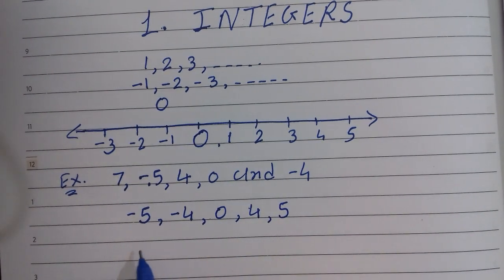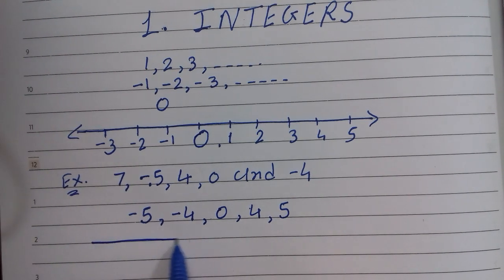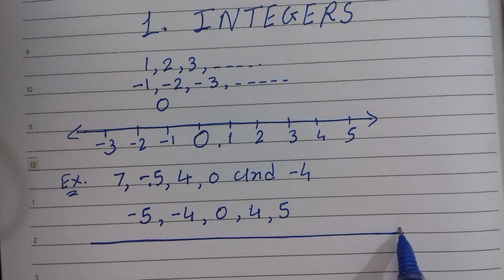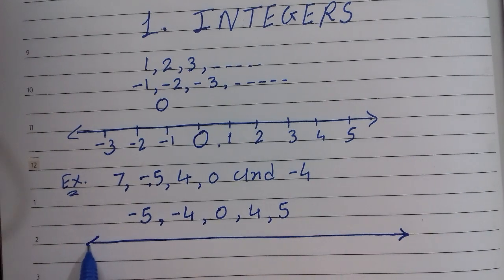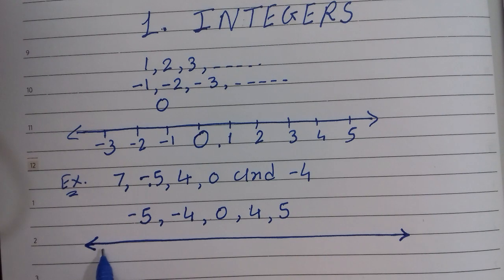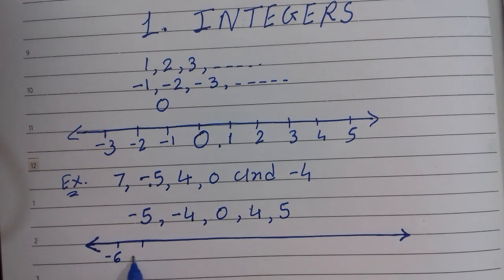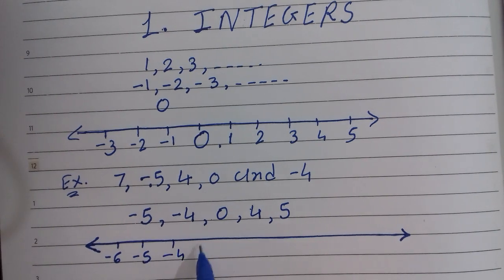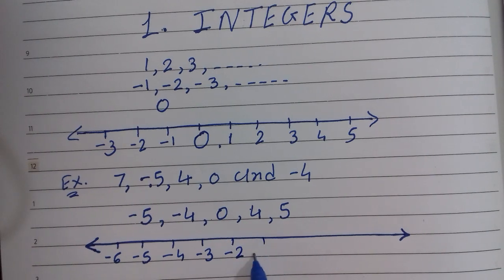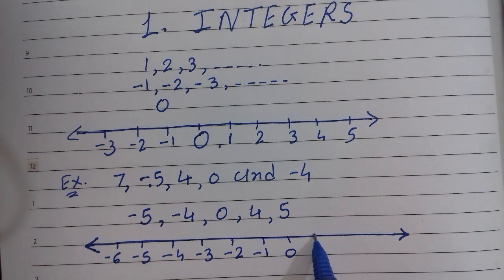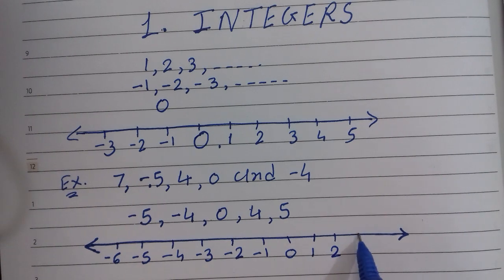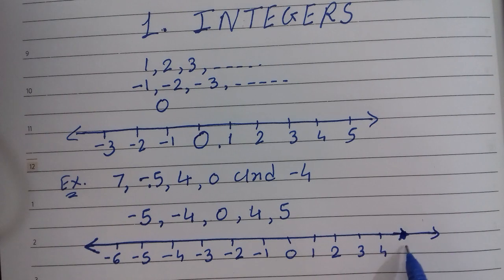Now we will represent these integers on a number line. -6, -5, -4, -3, -2, -1, 0, 1, 2, 3, 4 and 5.